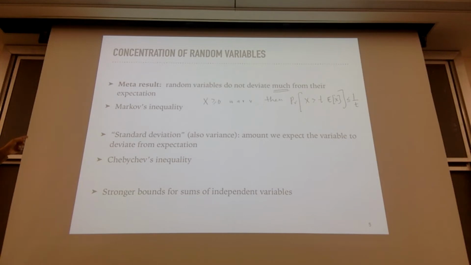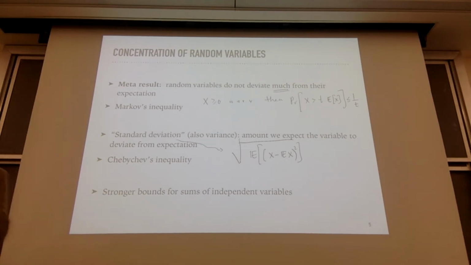And the other thing we saw is that for random variables, the notion of standard deviation is also very useful. Let me define the standard deviation. Its square is the variance. So the standard deviation is the square root of the expected value of (x minus the mean) squared.